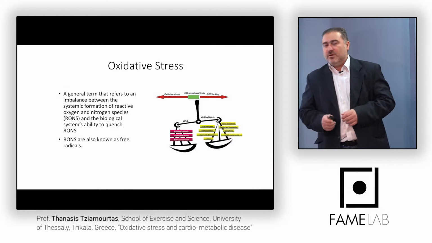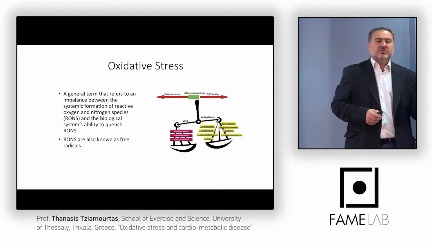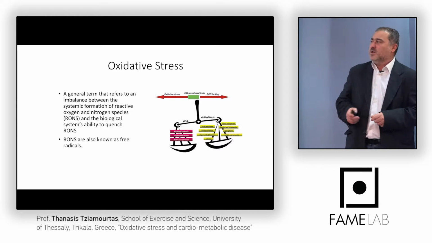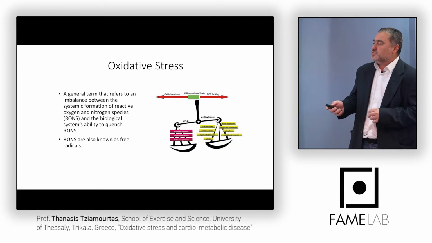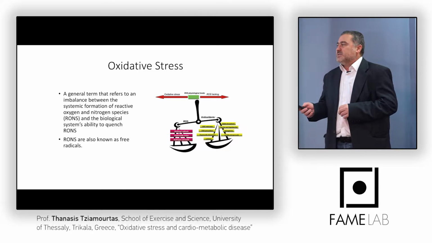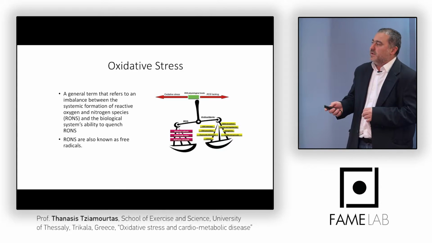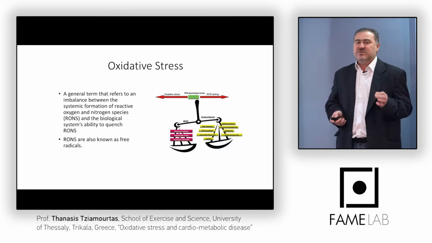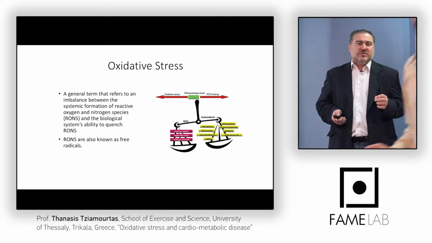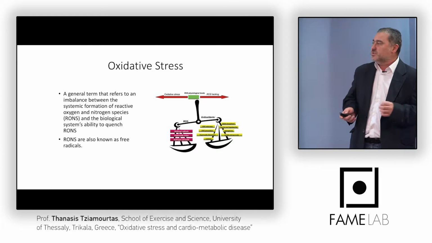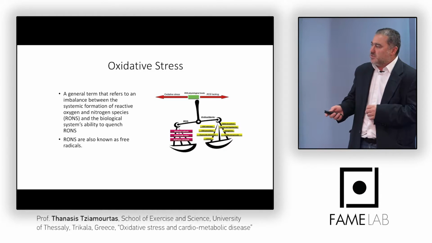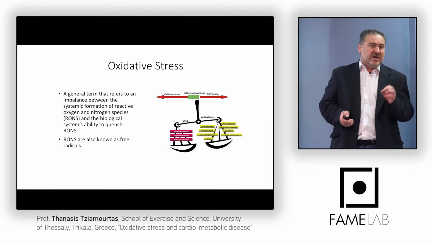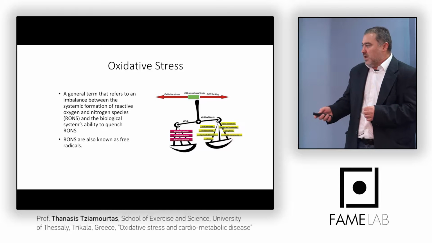So to begin with, we're going to start with the term oxidative stress. What is oxidative stress? I think most of you are familiar with this. Oxidative stress refers to an imbalance between the systemic formation of reactive oxygen and nitrogen species, also known as RONS or ROS, and the biological system's ability to quench those reactive oxygen and nitrogen species.